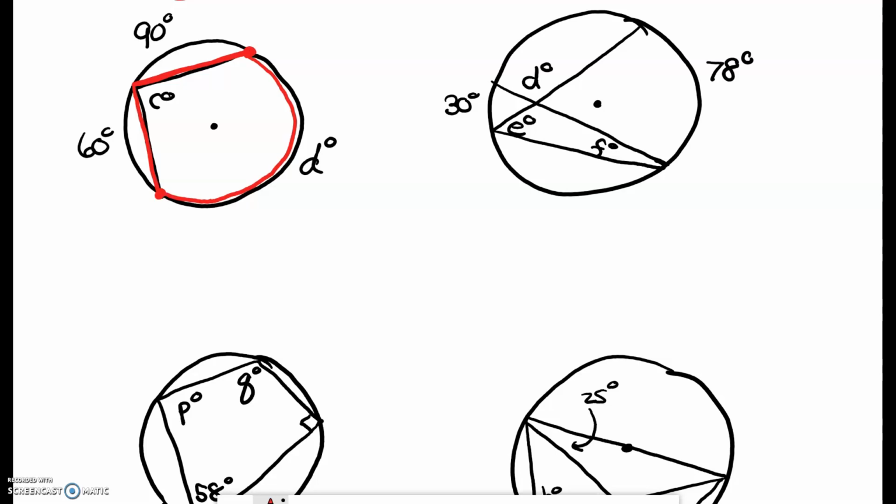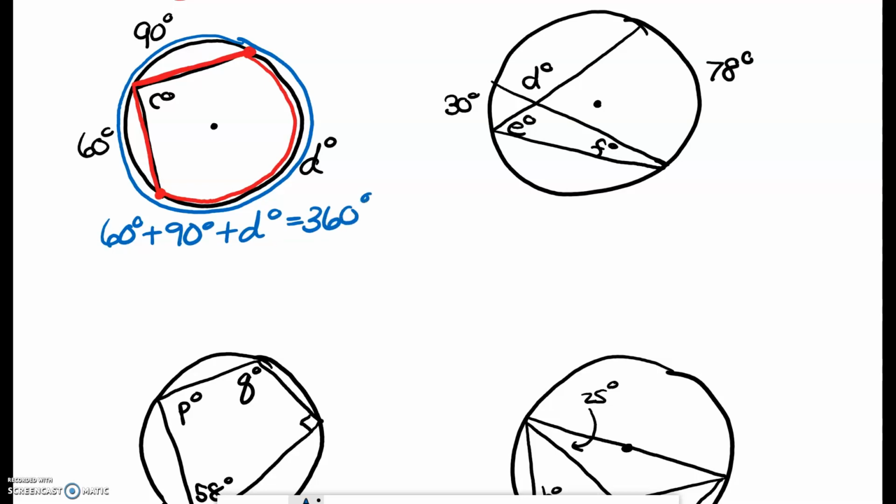Well, I know the measures of all the arcs together all the way around the circle, right? This arc and this arc and then this arc should equal 360 degrees. So let's see, 60 degrees plus 90 degrees plus D degrees, that should be 360 degrees.